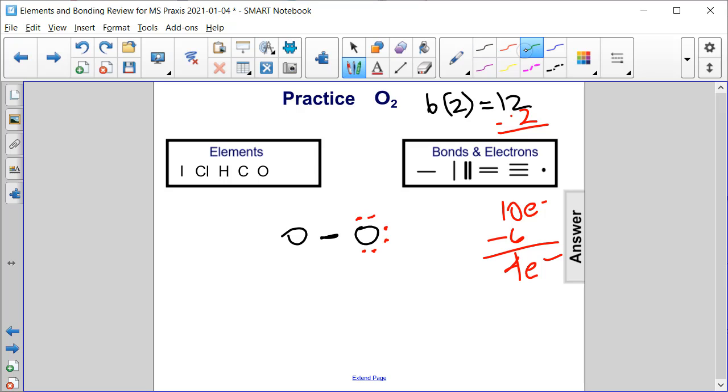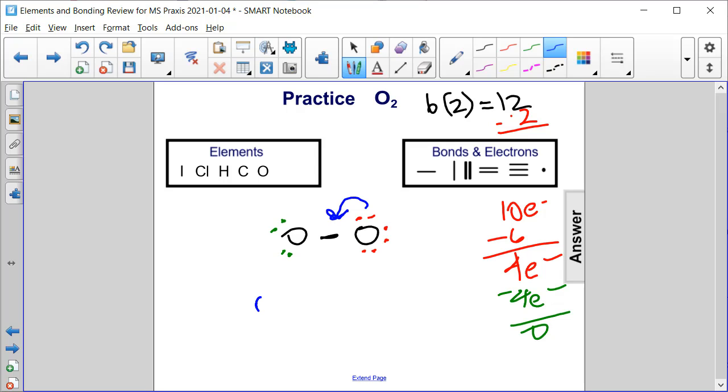So I put those 4 electrons on the other oxygen atom. 1, 2, 3, 4. Now I've drawn all the electrons I can draw. The problem is that the oxygen on the left only has 2, 4, 6 electrons, and it needs 8. But I can't just draw another lone pair. That would make too many electrons. So what you do is you move electrons to create a multiple bond.